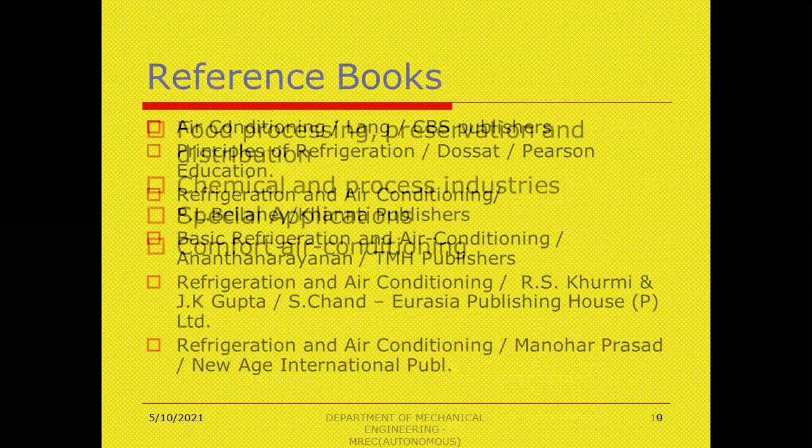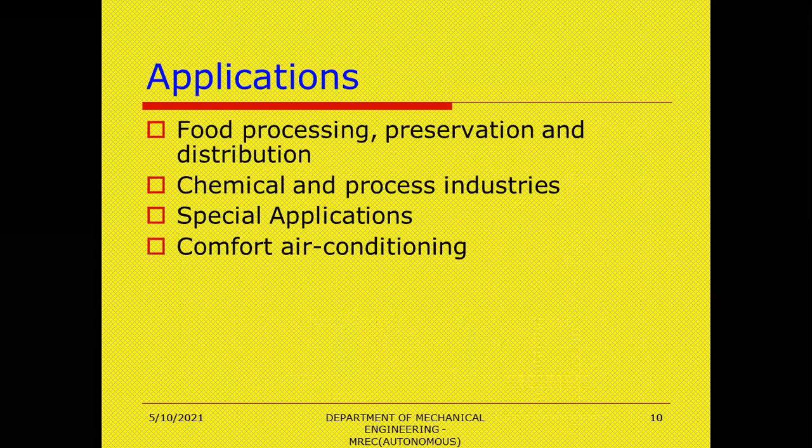Coming to the applications, as we discussed earlier, where do we use it? Food processing places, preservation and distribution. Food processing means, if you see the slaughterhouse. What is the meaning of slaughterhouse? Anyone in the group?